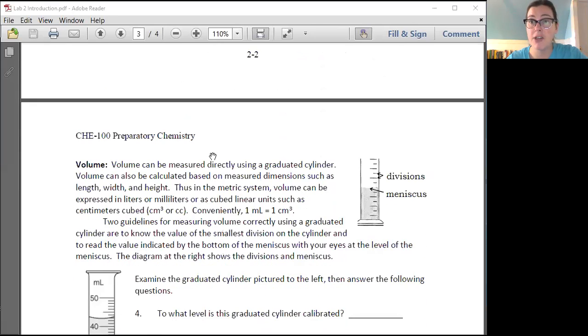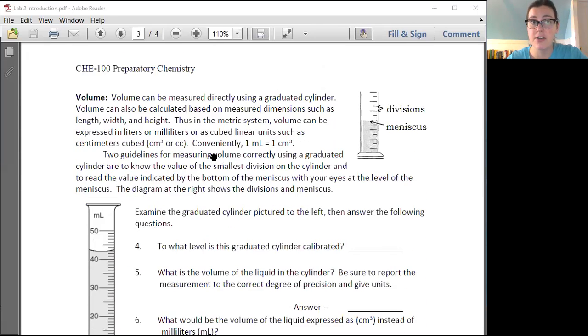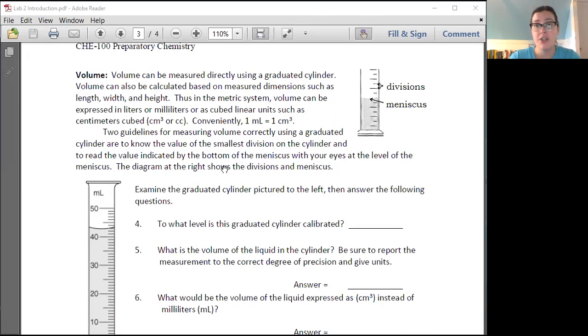Let's talk about volume of a liquid in a graduated cylinder. So we're going to be using graduated cylinders quite a bit in this class. They're a very important measuring device to chemists. They're what we use to measure the volume of liquids. And when we measure the volume of a liquid, the curvature at the surface of that liquid, remember, is called a meniscus. So we're always going to read the very bottom of the meniscus.